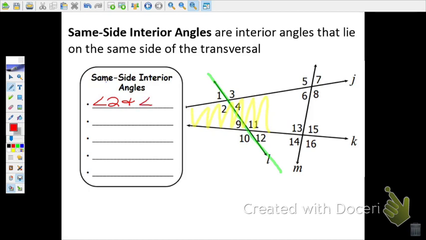Angle 9. And then angle 4 and angle 11 are same side interior. So those are common angle pairs that you are asked to identify anytime we have 2 lines cut by that transversal.